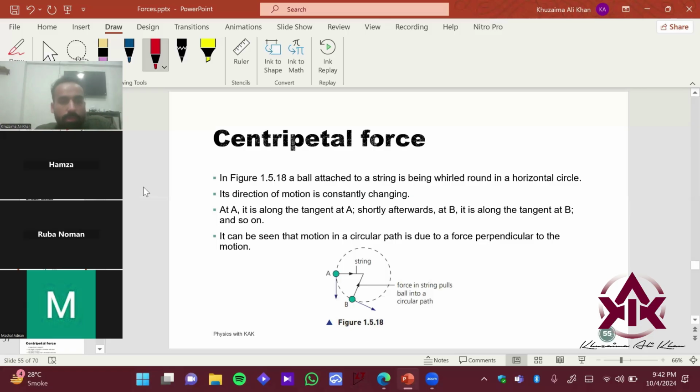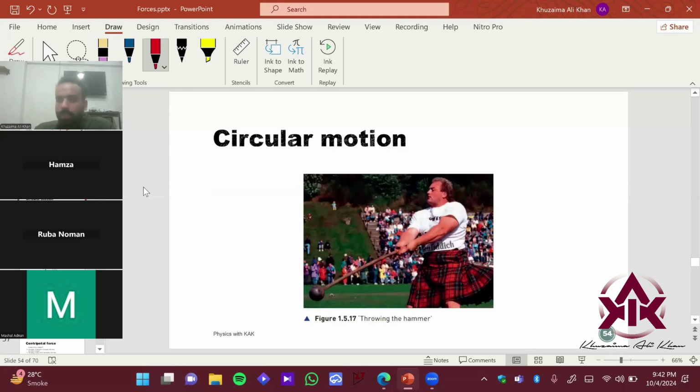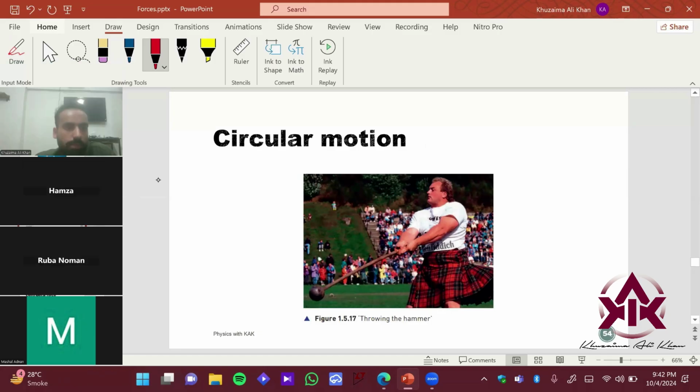Yes, can anyone analyze this figure 1.5.18? Okay, so let's start. I believe you have got some ideas about what we are talking about.